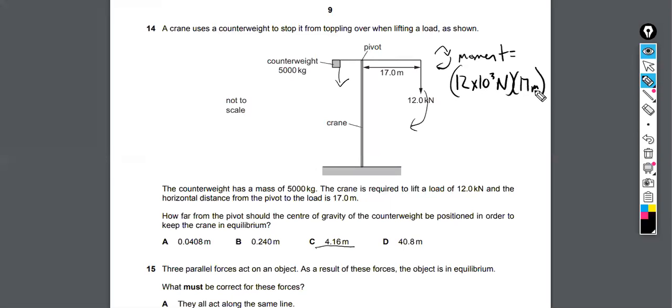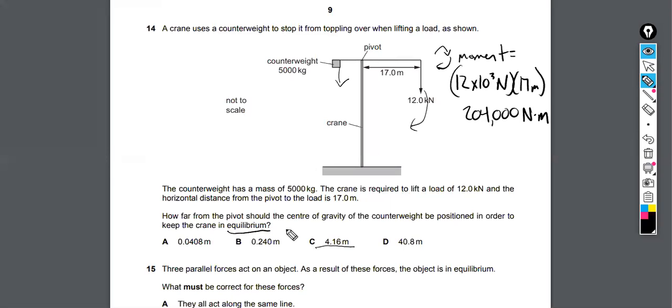Never convert a Newton meter of moment into a joule, okay? A Newton meter stays a Newton meter when we're talking about moment of force. 12,000 times 17 is 204,000 Newton meters.